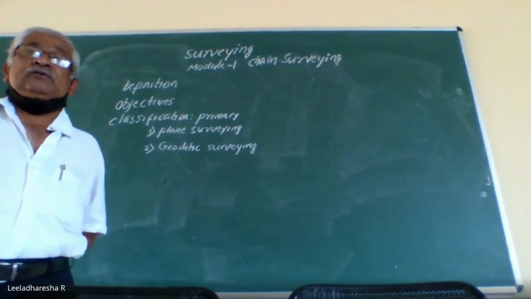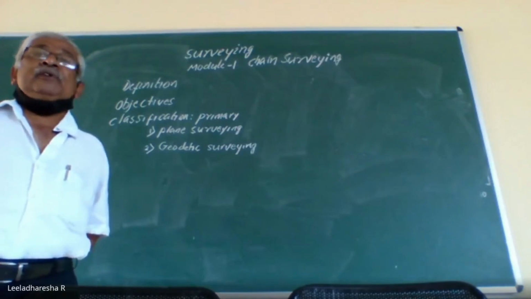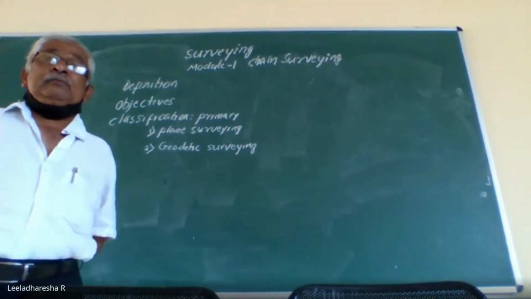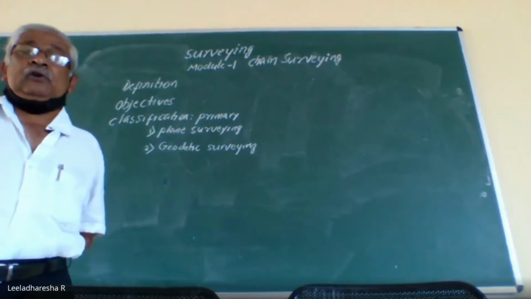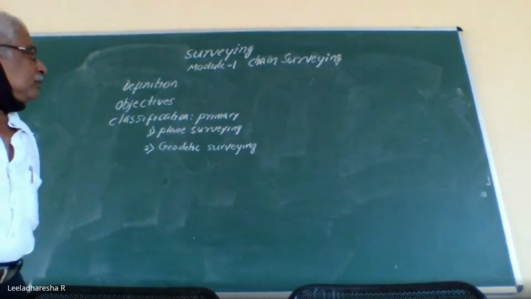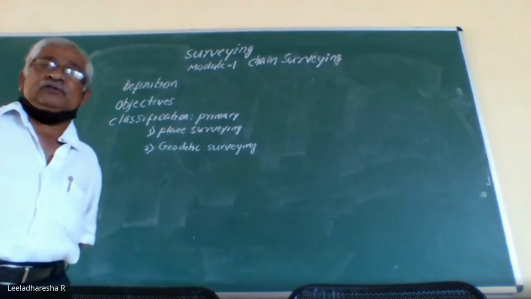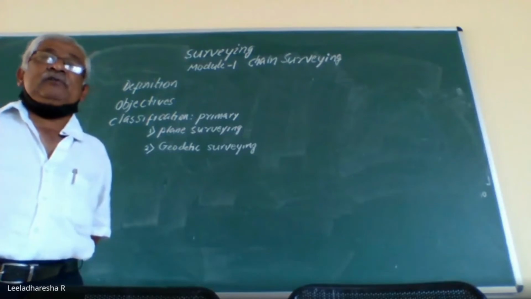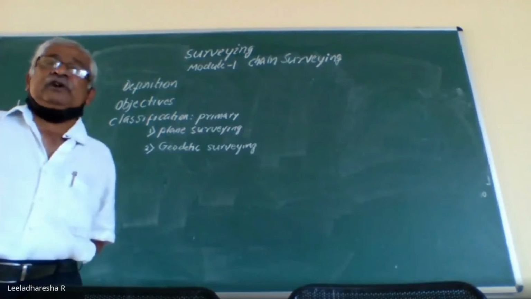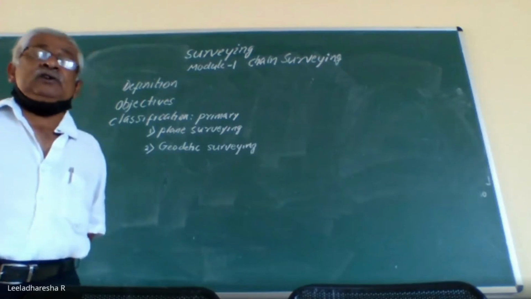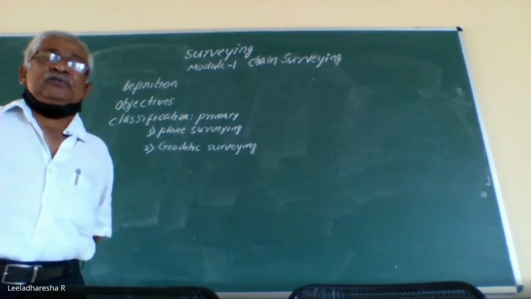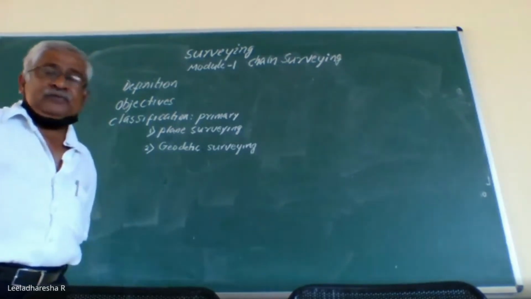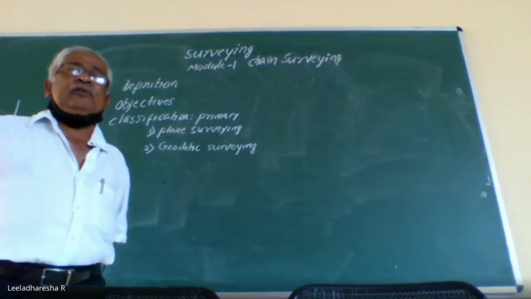For example, the sea water level in an ocean can be taken as a level line. So the major difference between plane surveying and geodetic surveying is that in plane survey, the horizontal surface is considered as a level line, but in geodetic survey, the curved surface of the Earth is taken as the reference plane. Normally, plane surveying is adopted for small scale works.